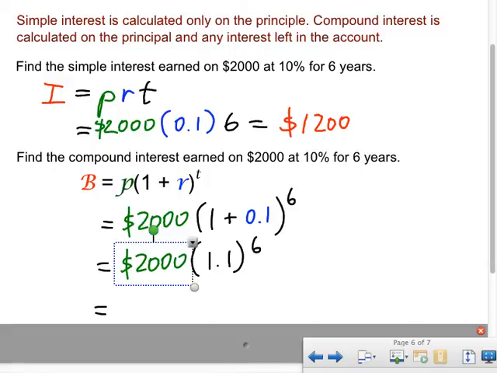So here's what we got. And this part right here, I would expect you guys just to use your calculator for this portion right here. So 1 1/10 raised to the 6th power, I'll tell you what that's going to be. Here's what we get back.